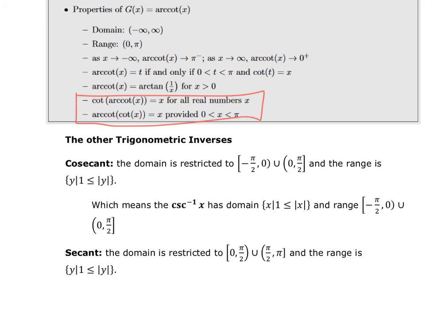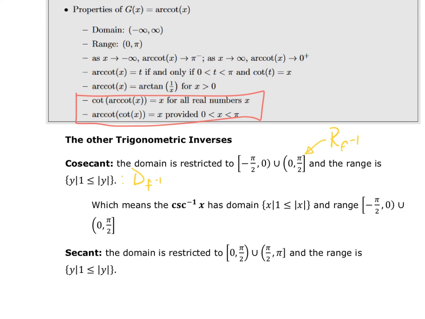Here is the cosecant and secant, the range and the domain. The domain of the cosecant is restricted to this, and this becomes the range of your inverse. If the range of the cosecant is the absolute value greater than or equal to 1, then that becomes the domain of your inverse.